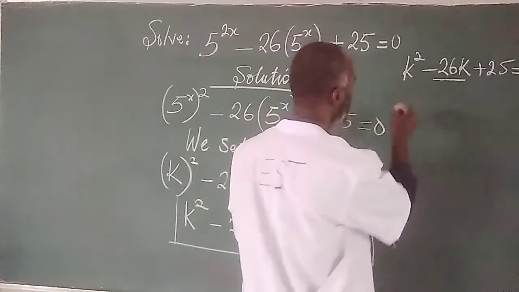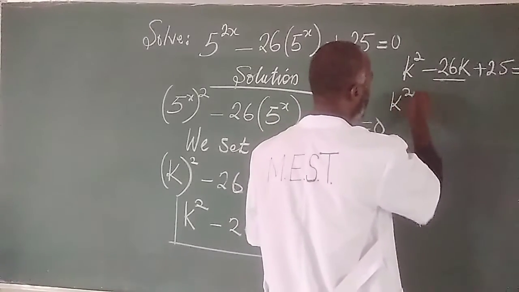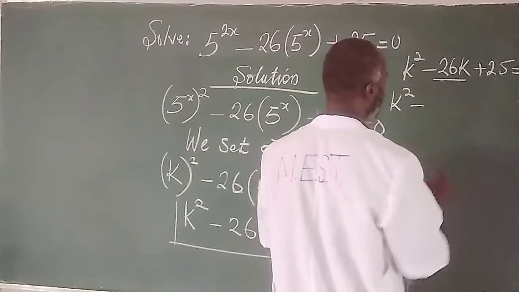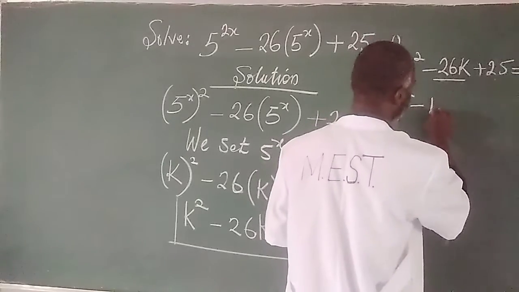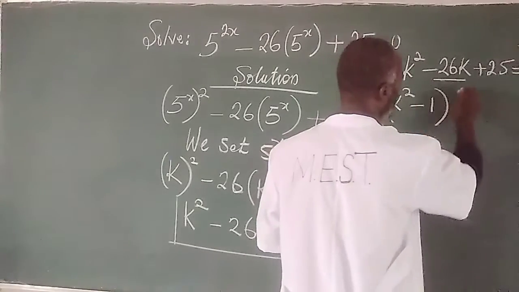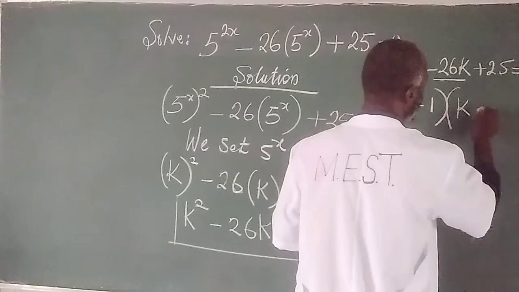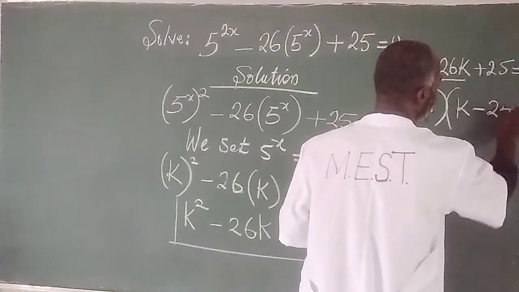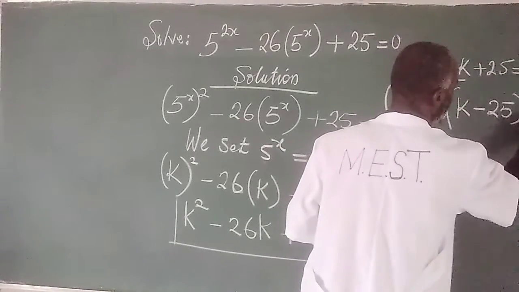So we have (k minus 1), bracket close, then (k minus 25), all equal to 0.